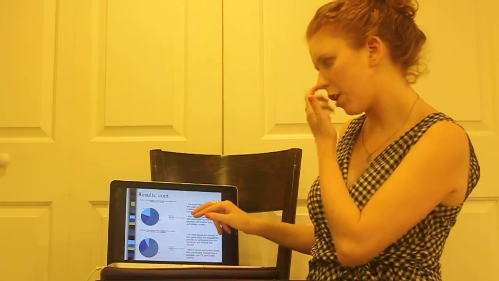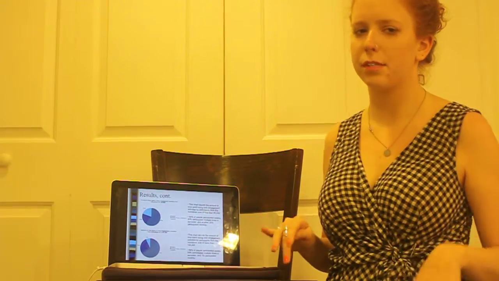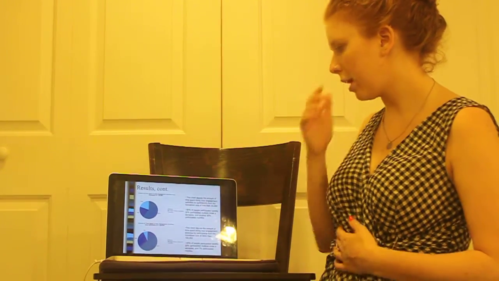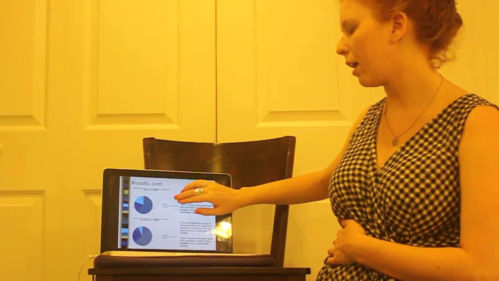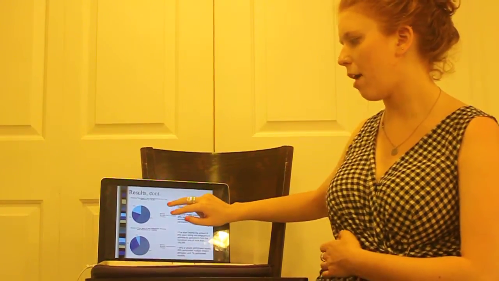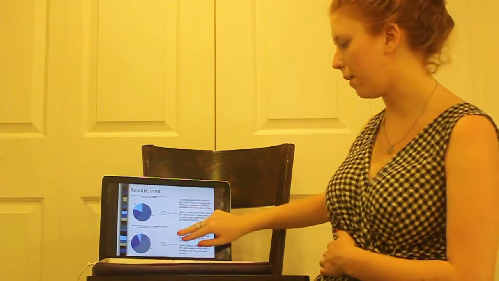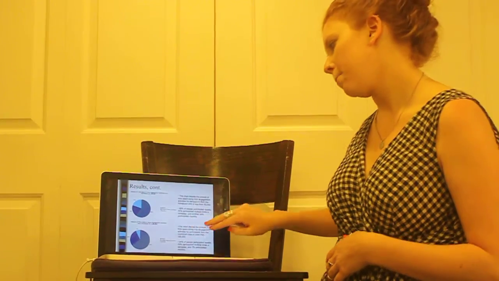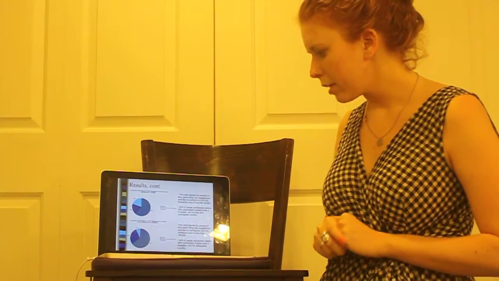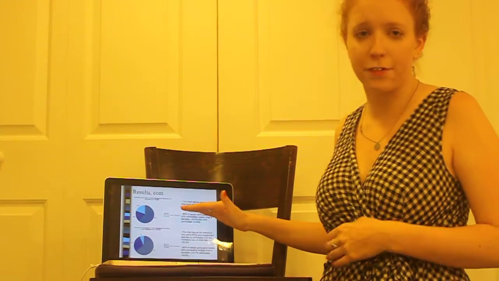And then these two charts are looking at the amount of time that was spent doing civic engagement activities. So this top one is for those that were from a hometown of less than 30,000, and then the bottom one is for those from a hometown of more than 100,000. There isn't a huge difference between the two.